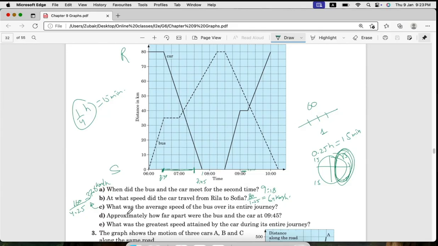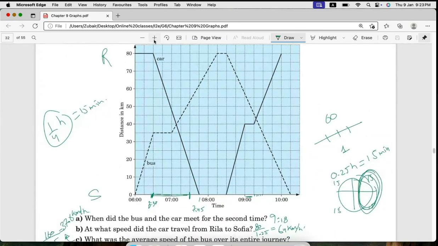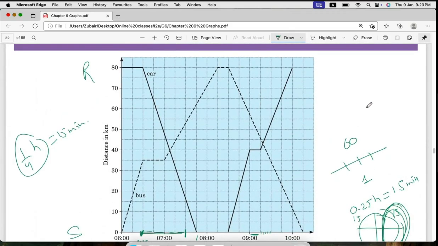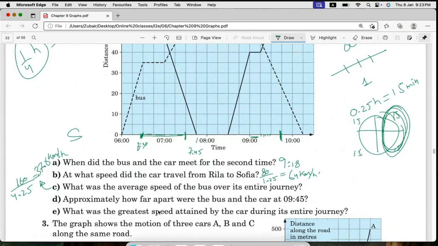D part. Approximately how far apart were the bus and the car at 9:45?